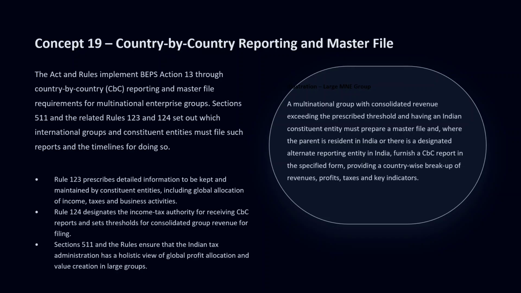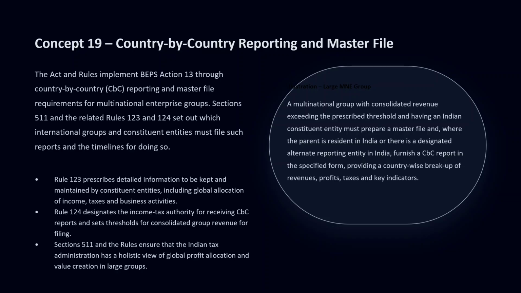Section 511 in Chapter 16, along with Rules 123 and 124 of the Income Tax Rules 2026, lay down when the international group and the constituent entities must furnish the CBC report and the related information. Rule 123 specifies the detailed information and documents to be kept and maintained by the constituent entities in India, for example, the list of entities in the group, financing arrangements, description of the global value chains, etc.